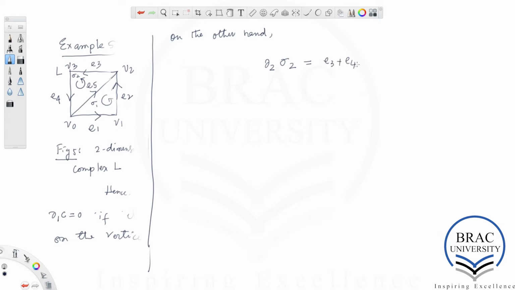E3 plus E4 plus E5, which is equation number 13.